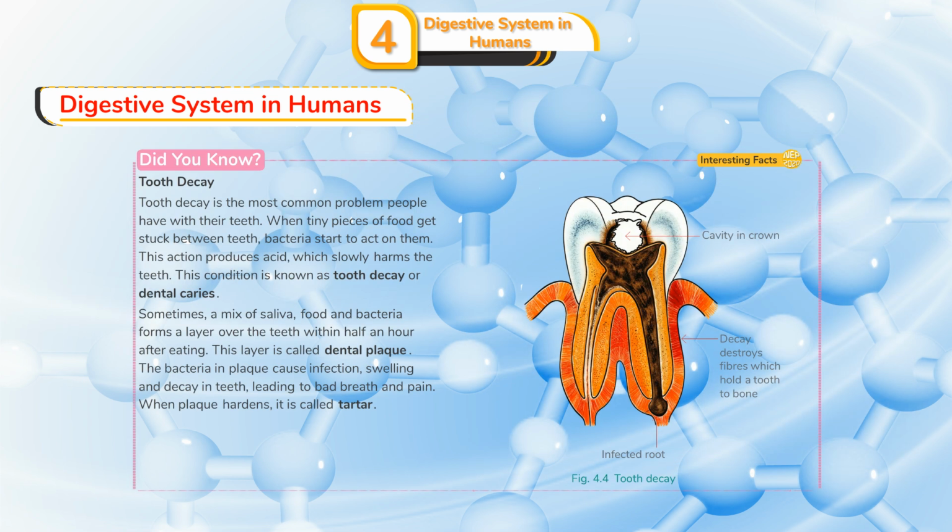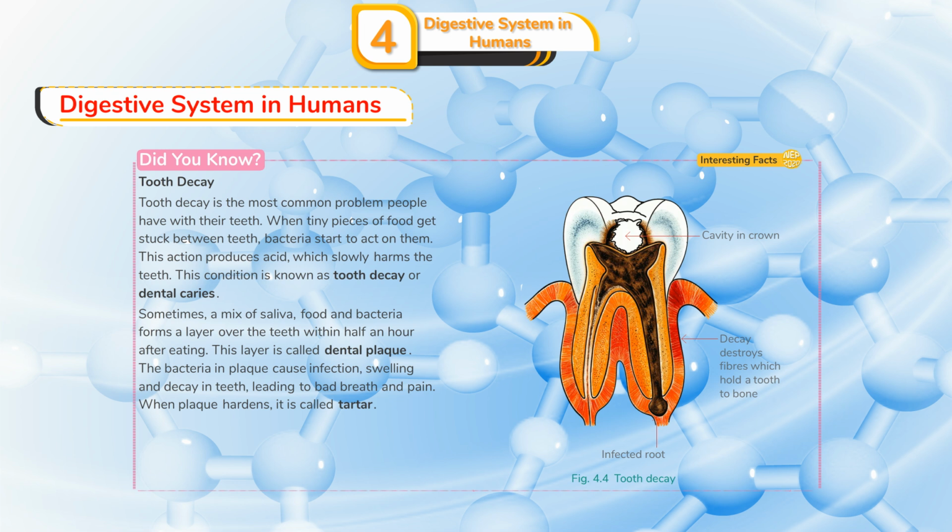Did you know? Tooth decay. Tooth decay is the most common problem people have with their teeth. When tiny pieces of food get stuck between teeth, bacteria start to act on them. This action produces acid, which slowly harms the teeth. This condition is known as tooth decay or dental caries.